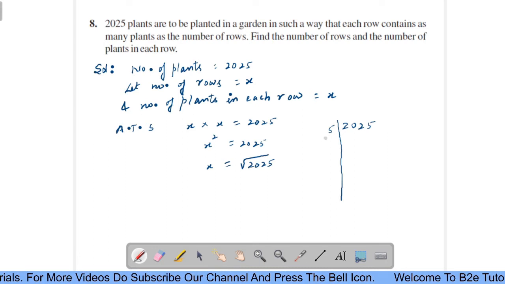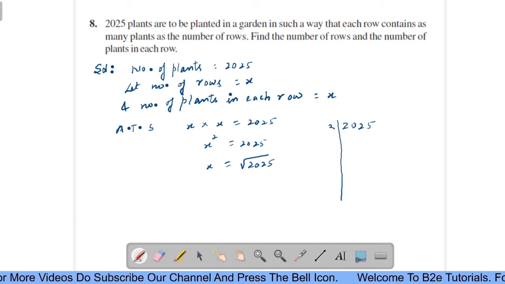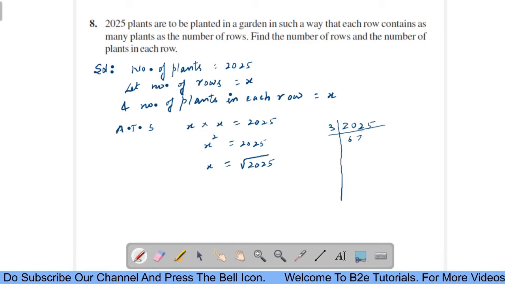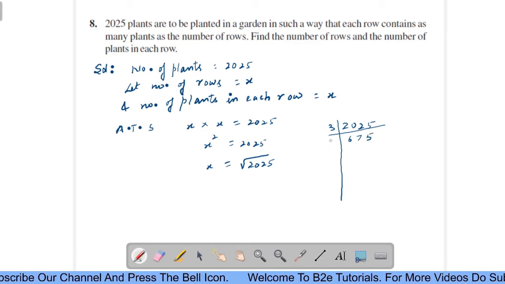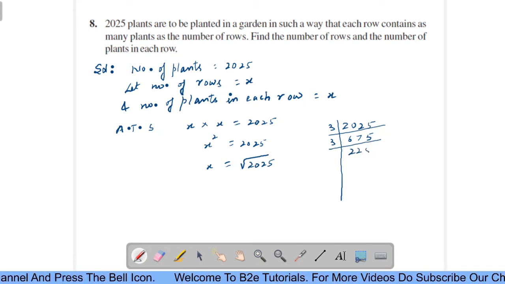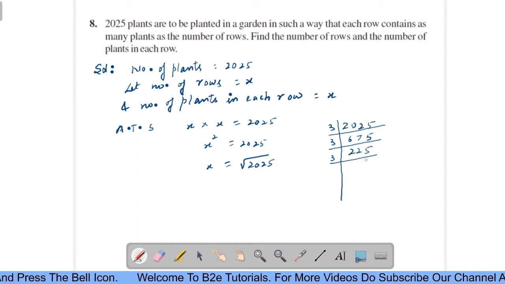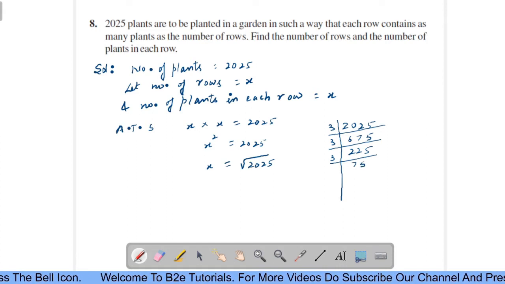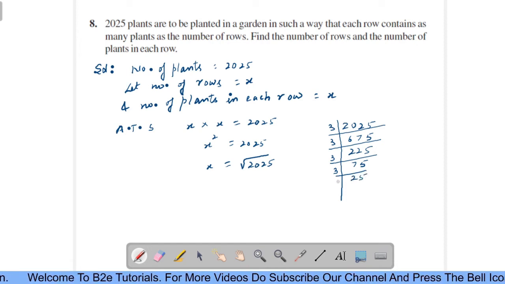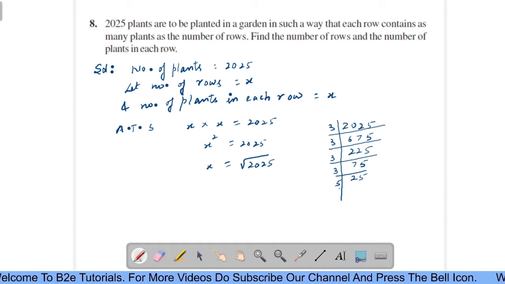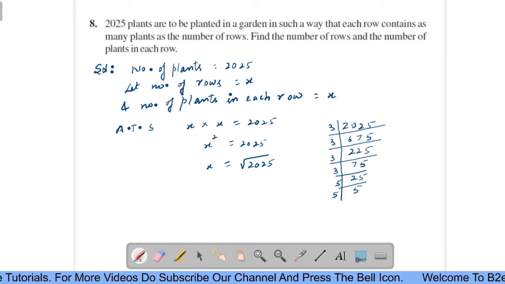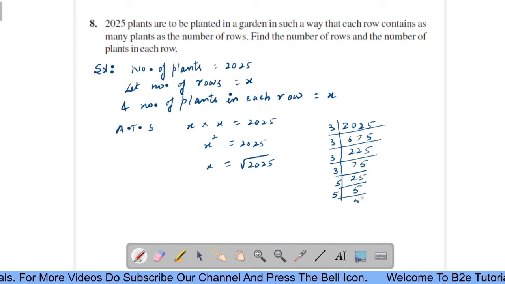Divide by 3, divide by 3, again by 3, again by 3, and then by 5, it is 5, and again by 5, it is 1.